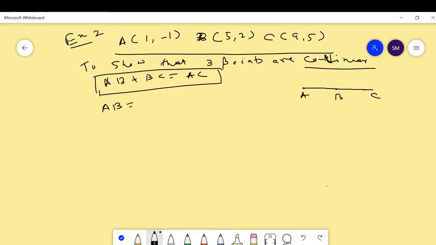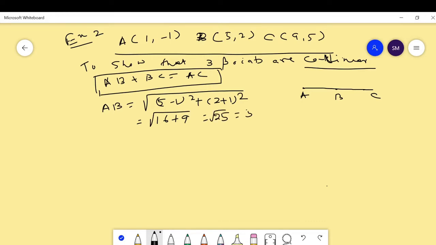AB is equal to the square root of (5 minus 1) whole square plus (2 plus 1) whole square, which is equal to the square root of 16 plus 9, which is the square root of 25, which is equal to 5.